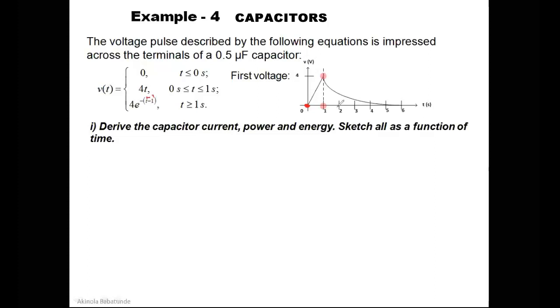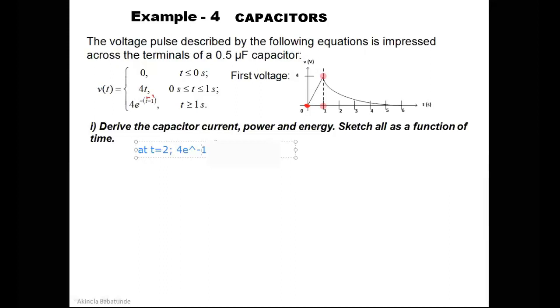What happens when t is 2? When t is 2, you have 2 minus 1, which gives us 1. So you have 4 e to the power of minus 1, and you know that e is approximately 2.718.